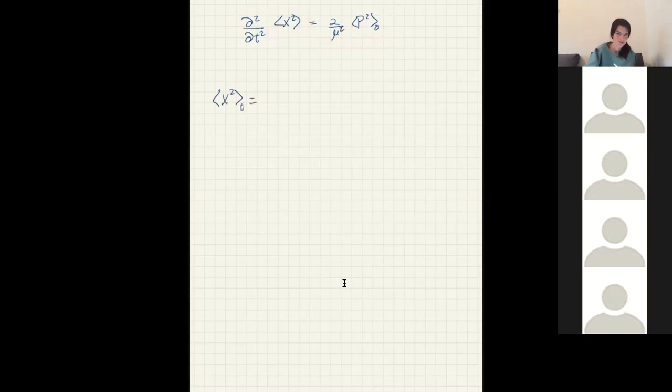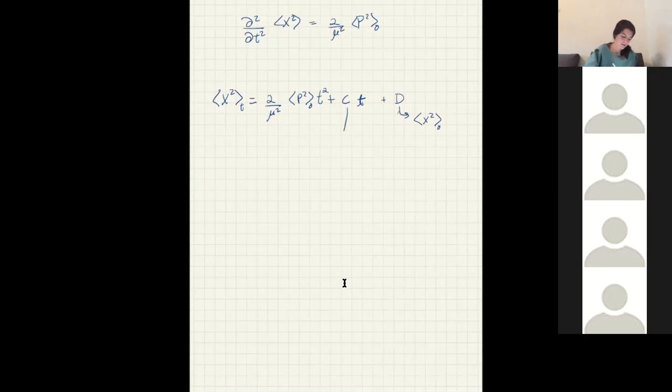So this is going to be now 2 over mu square times p squared at 0 times t squared, plus some constant c times t, plus some other constant d. Well, this d is just the initial x squared. So that's this.